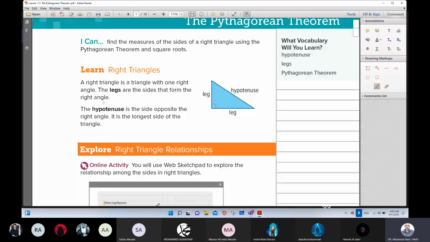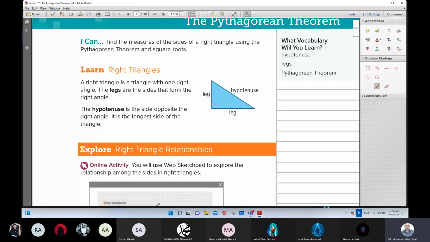This is the right angle. The measure of this angle is 90 degrees. The name of this side is leg, and the name of this side is leg. And the hypotenuse is the side opposite the right angle.